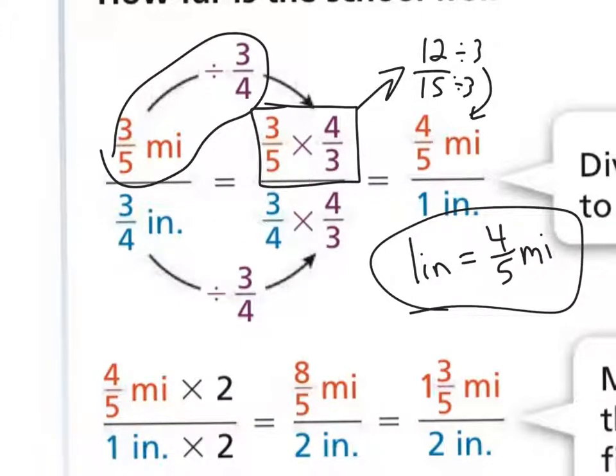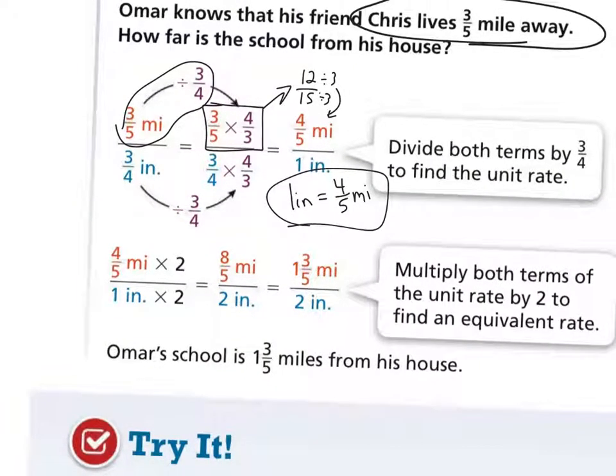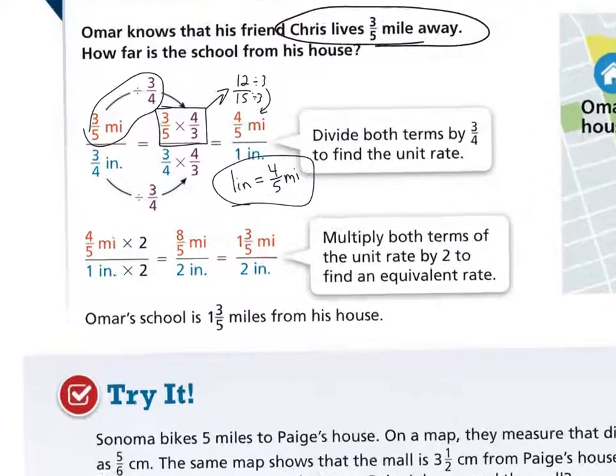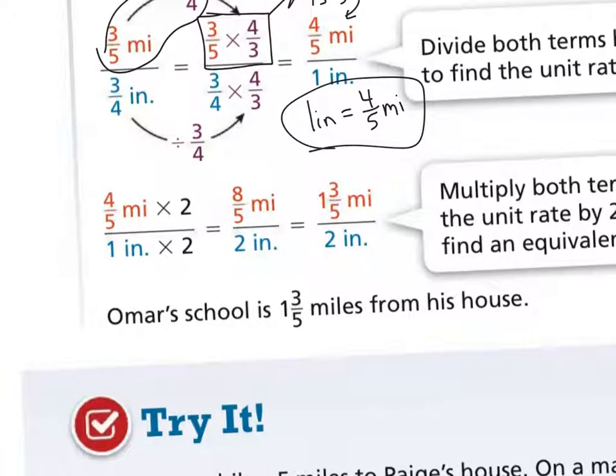Having that unit rate is going to make things a lot easier for us now to figure out the distance to the school. The distance to the school we can see on the picture is equal to 2 inches. So if 1 inch is 4/5 of a mile, 2 inches would be twice as much, 8/5 of a mile, or 1 3/5 miles.